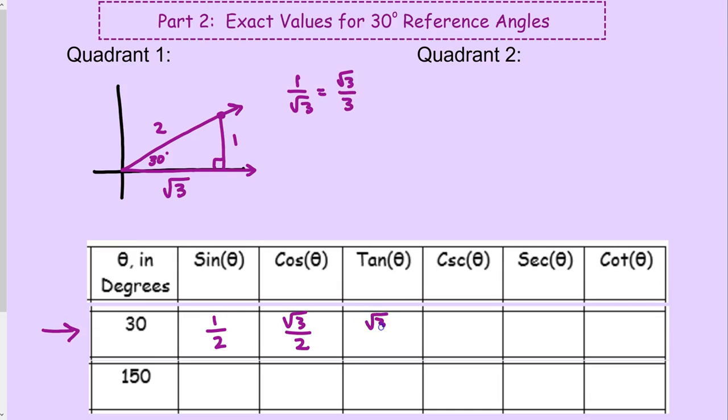You can say radical 3 over 3 if you don't like to say square root. Cosecant of 30 degrees is the reciprocal of sine, so that would be 2. Secant of 30 degrees is the reciprocal of cosine, so if we have 2 over square root 3, and we rationalize it, we get 2 square root 3 over 3.